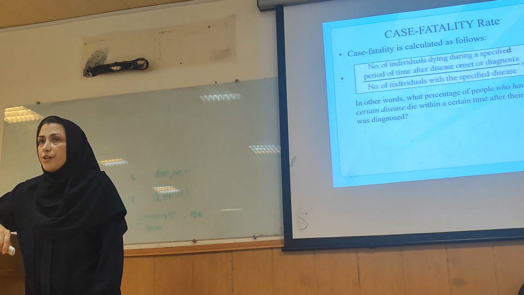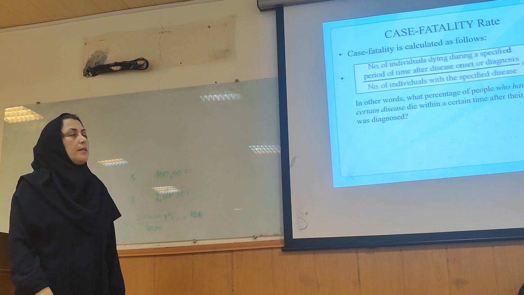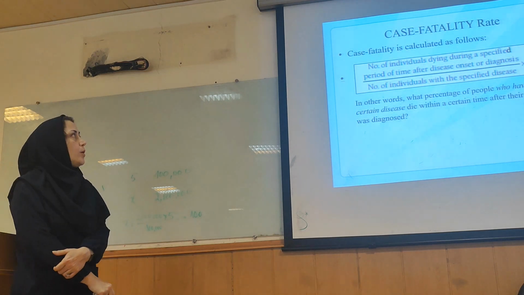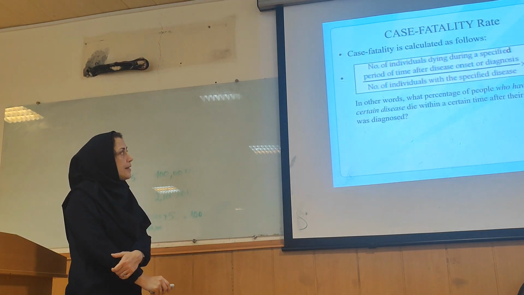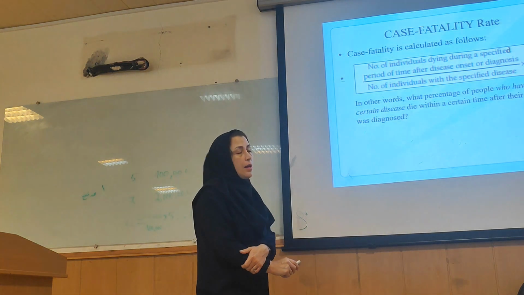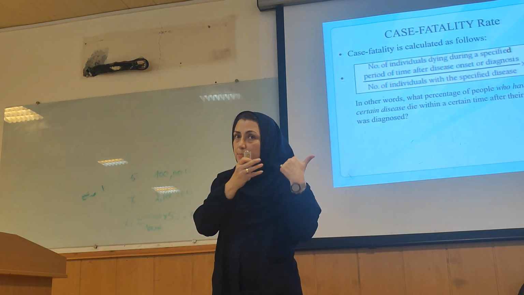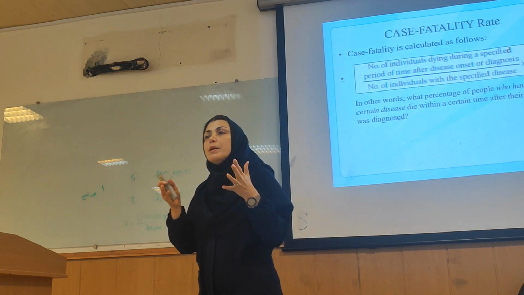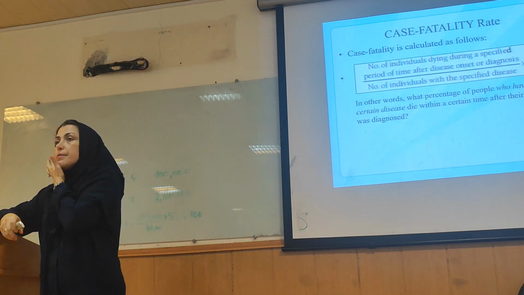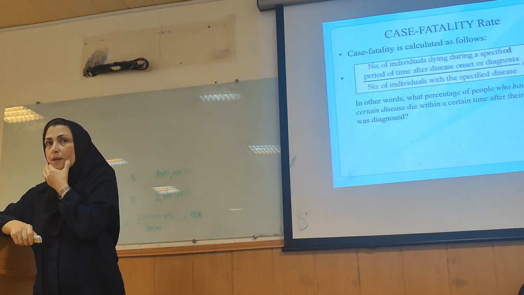The next measure is case fatality rate. What is case fatality rate? It means that from the population who have that specific disease, how many deaths occurred. Okay?